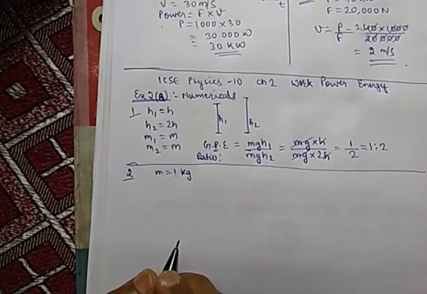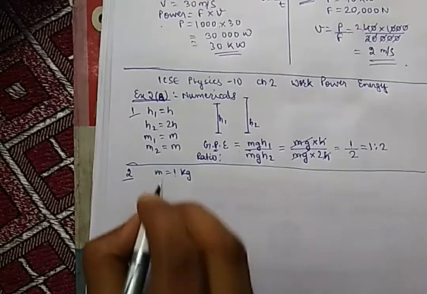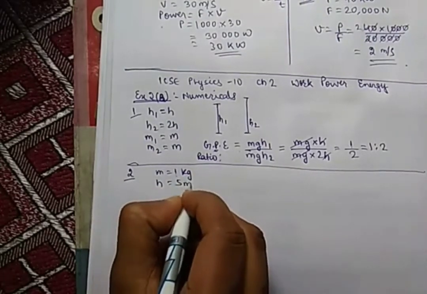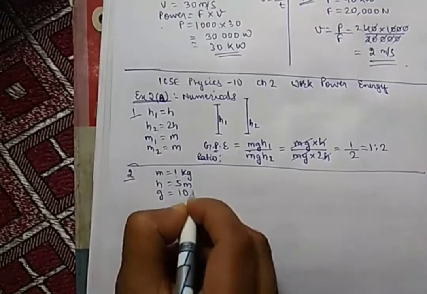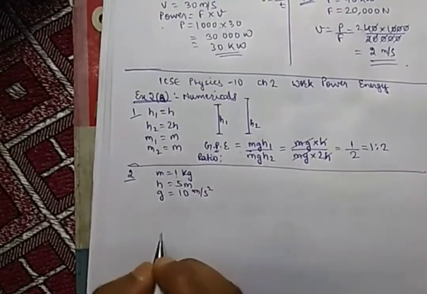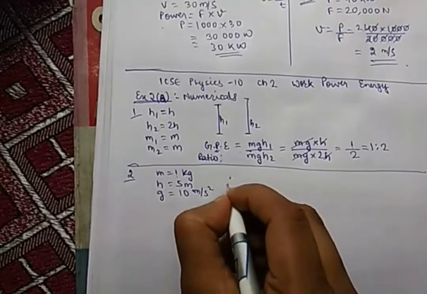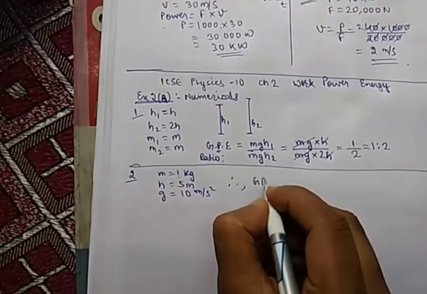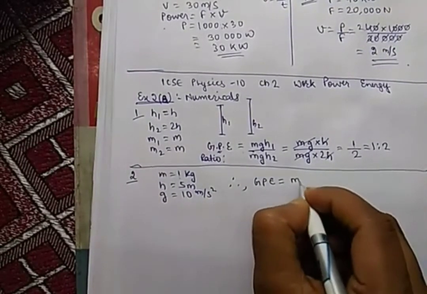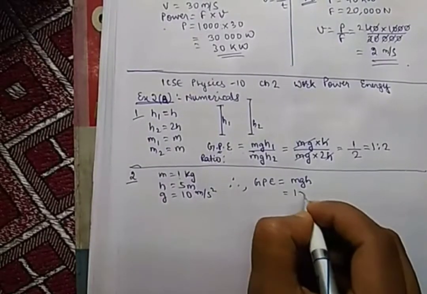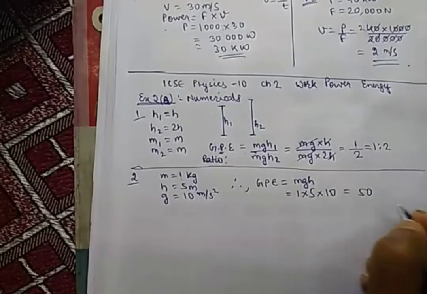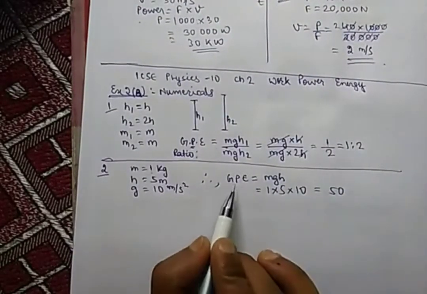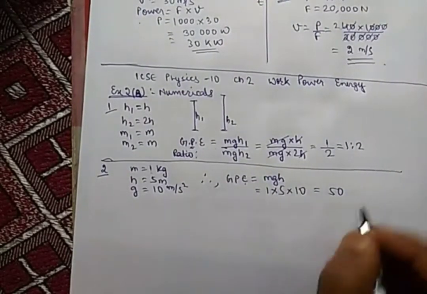It's kept at a height of 5 meter above the ground, so h is equal to 5 meter. And it is given to take g is equal to 10 meter per second square. Therefore gravitational potential energy is equal to mgh, that is 1 into 5 into 10, that is equal to 50. The potential energy unit will be joule.